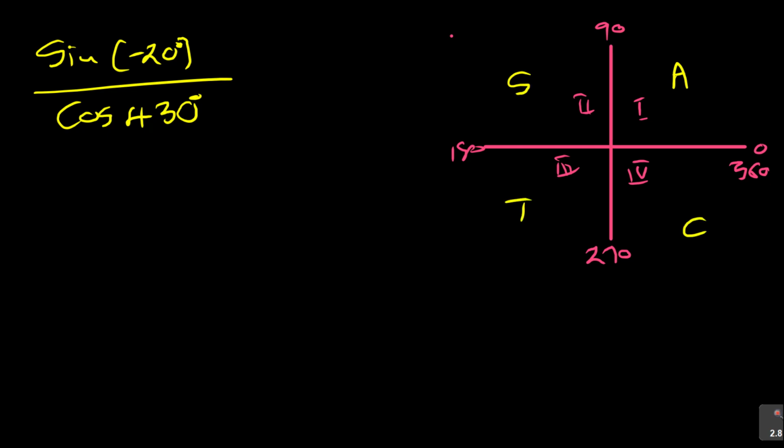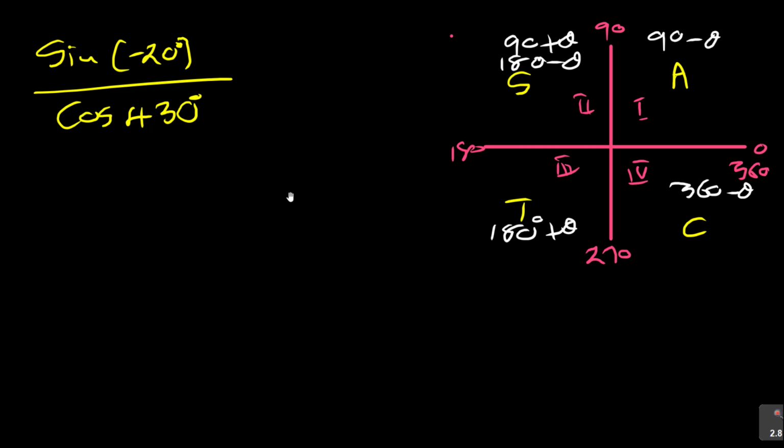The reduction rules you need to remember: before 90, it's 90 minus theta. After 90 it's 90 plus theta, or you have 180 minus theta, and after 180 it's 180 degrees plus theta, and before 360 it's 360 minus theta. These are the reduction rules.